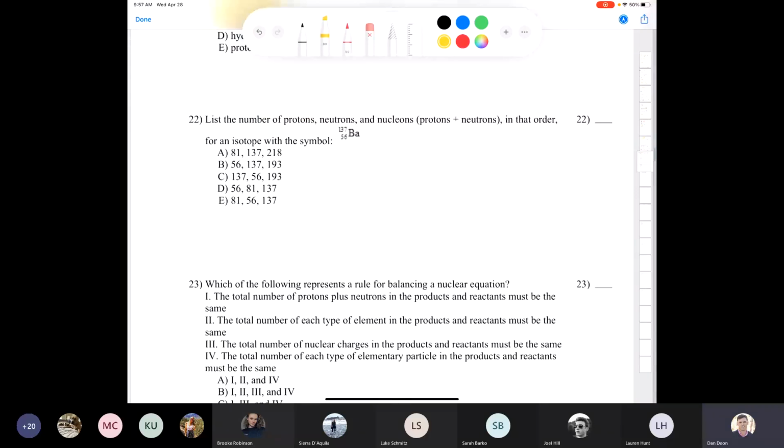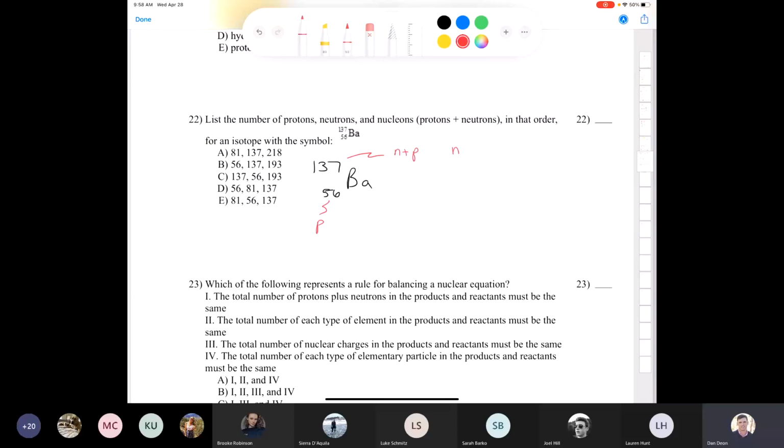Question 22 says identify the number of protons, neutrons, and nucleons, which is the sum of protons and neutrons, in that order for this isotope. This is barium 137. I'm going to rewrite it since it came out so small here. So we have 137. Barium has an atomic number of 56. Well, the 56 represents the number of protons. The mass number represents the sum of protons and neutrons.